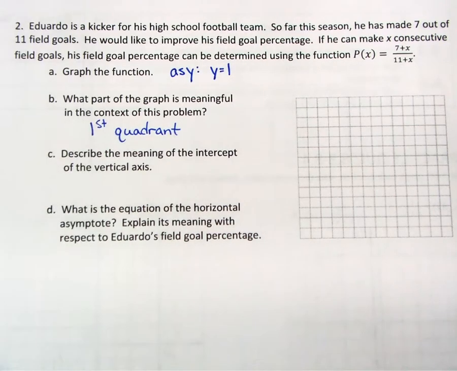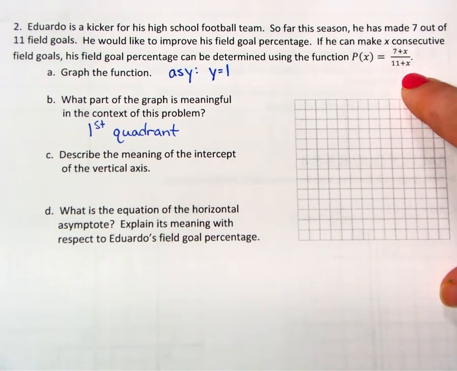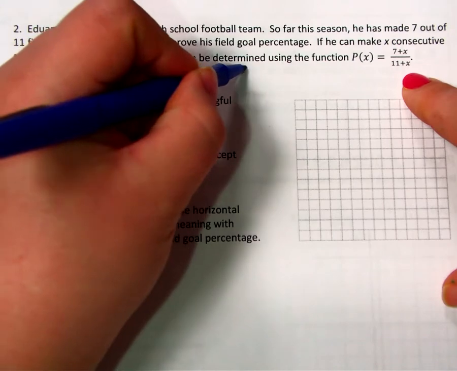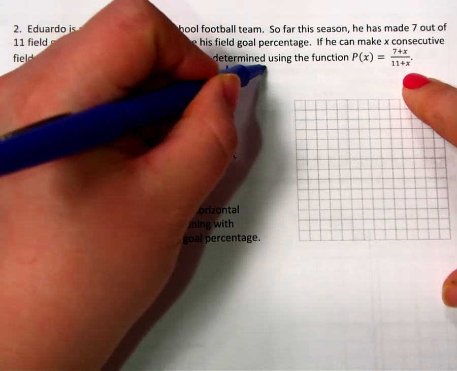There's a vertical asymptote happening at whatever's going to make the denominator equal to 0. So if x was negative 11, that would make this denominator equal to 0. So there's a vertical asymptote happening at x equals negative 11.